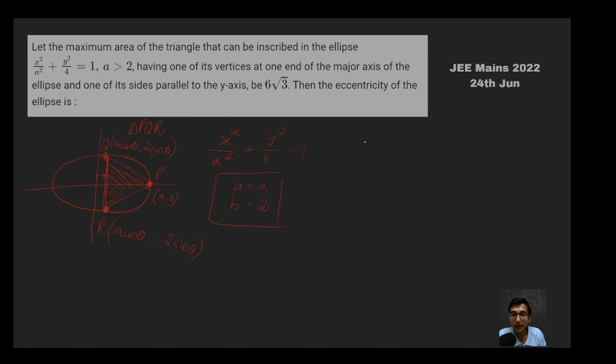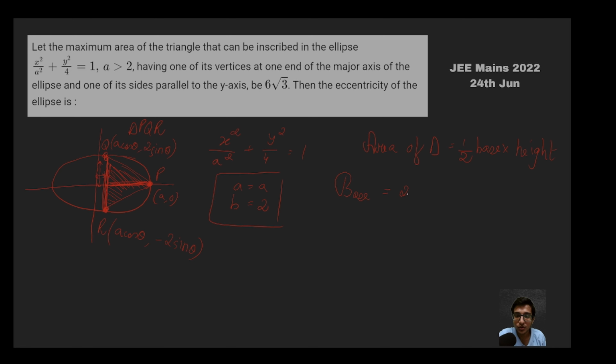Now we know that the area of a triangle is calculated as half into base into height, and from here we can see that the height is this one and the base length is this. That means our base length is this whole length here. We know this is 2 sin theta.